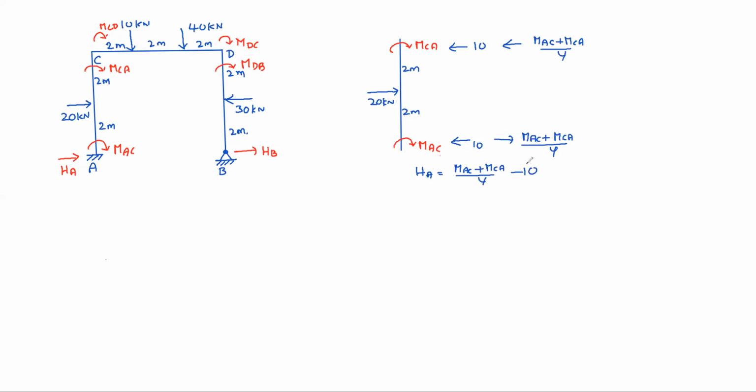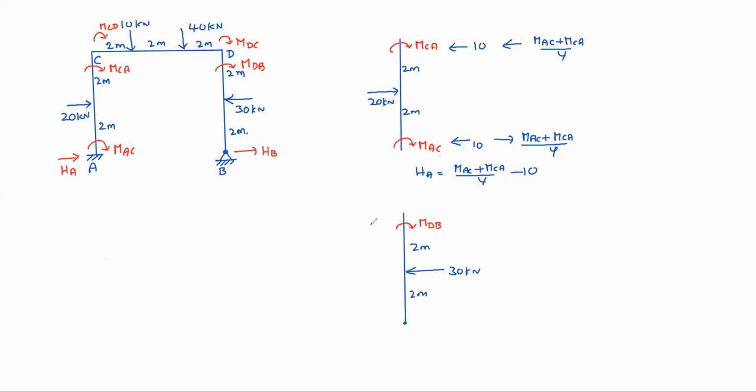How to find HB? Take this leg. Here MDB, and here 30 kN is there, 2 meter, 2 meter. Okay. Now reactions are like this.